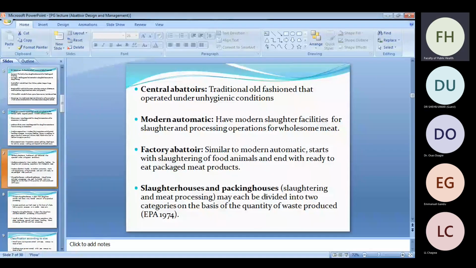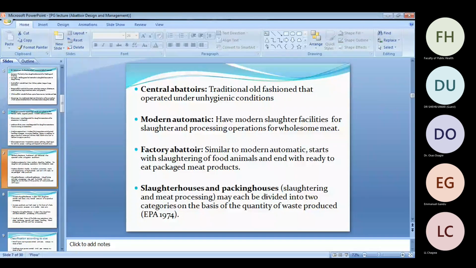Okay. I say we have central abattoir. In your locality, is there a modern automatic abattoir, or the one we can term central abattoir? Central abattoir. So we are saying that these ones are traditional ones, old fashioned.